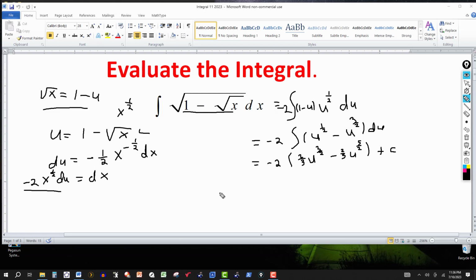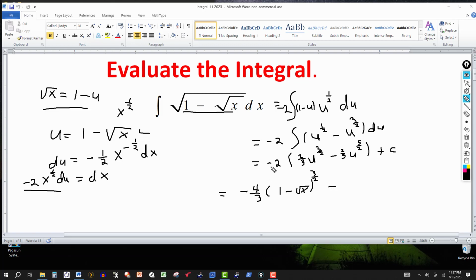So what we'll do then is replace the u by 1 minus radical x. It's multiplied by the minus 2. So this will give me minus 2 times 2/3, which would be a minus 4/3. And then replacing the u by 1 minus the square root of x, and that's to the 3/2 power there, and it's minus here.